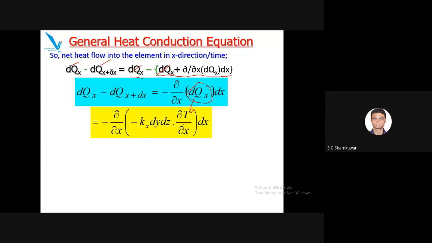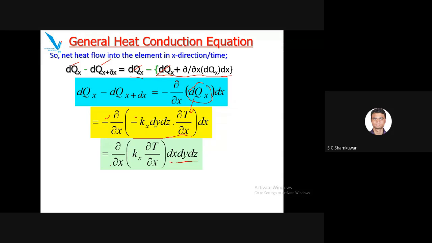So just we have replaced that. Again, if you rearrange the things, minus minus will get positive. So del by del x of kx delta T by del x. Now we have taken dx, dy and dz common.